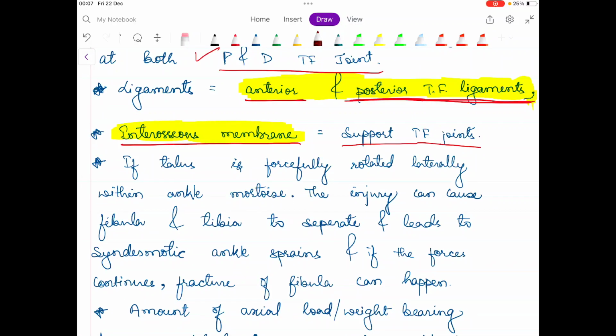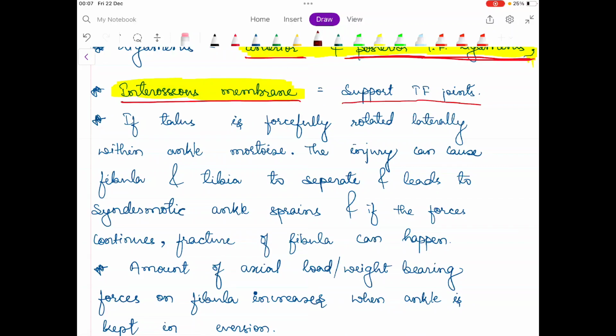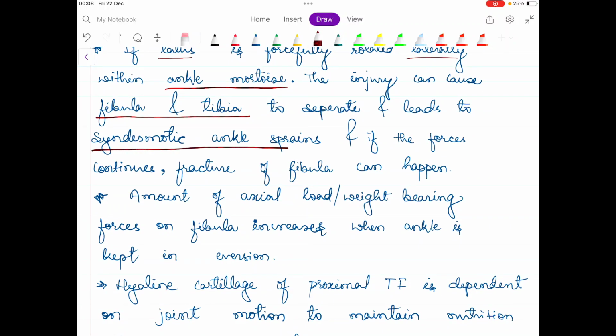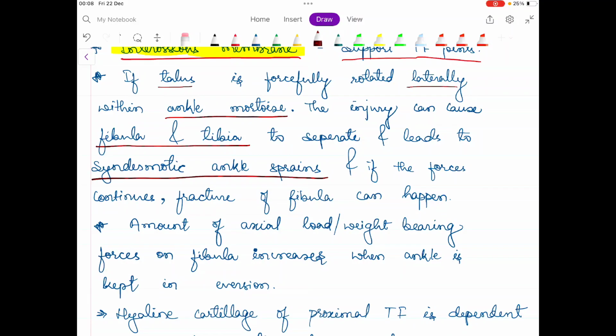Now the next point is, let's say in a certain condition, the talus is forcefully rotated in the lateral direction within the ankle mortise.